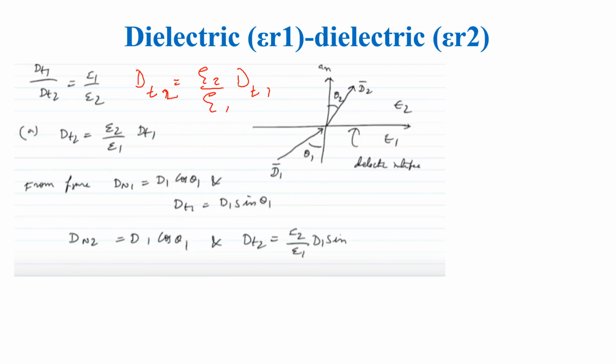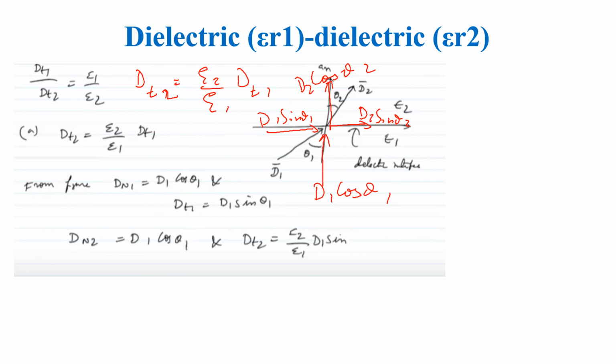Similarly, we can write the normal component values. Here you can see that D1 can be divided into two components. One is D1 cos theta 1, and the other is D1 sin theta 1. And here it is D2 sin theta 2, and D2 cos theta 2.